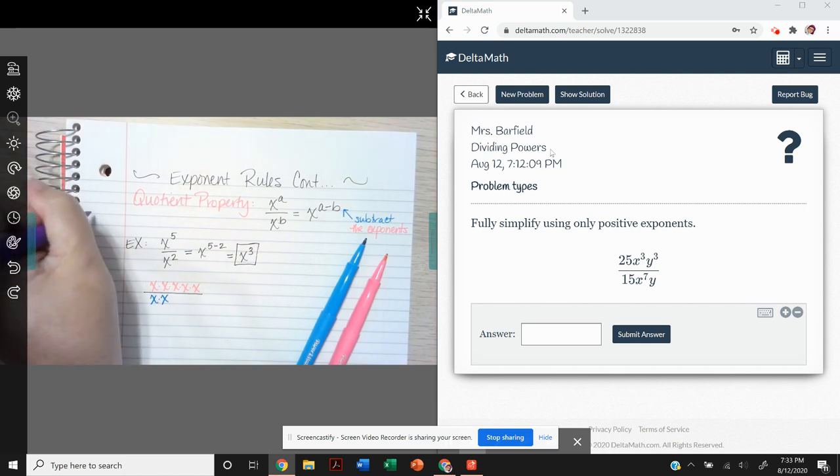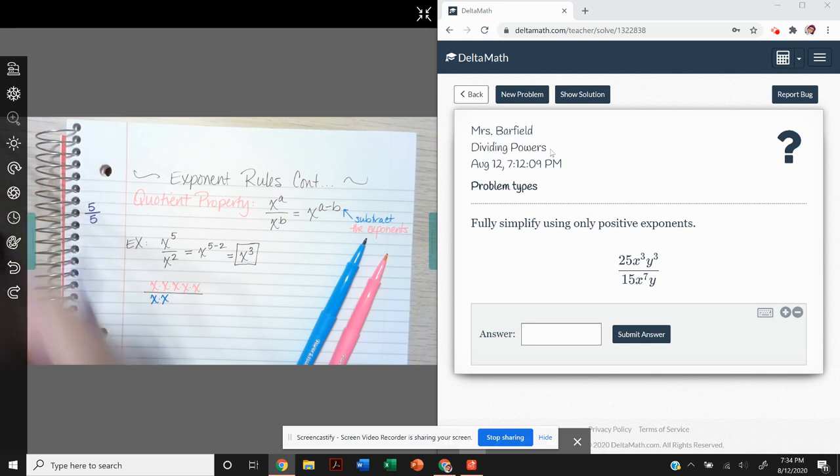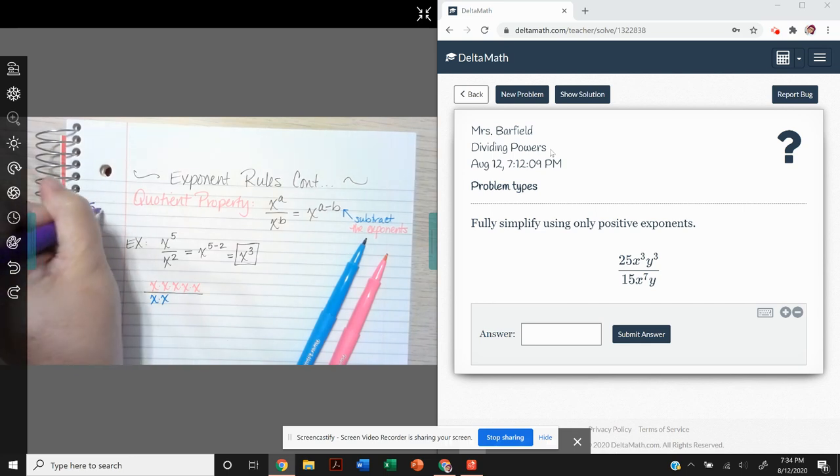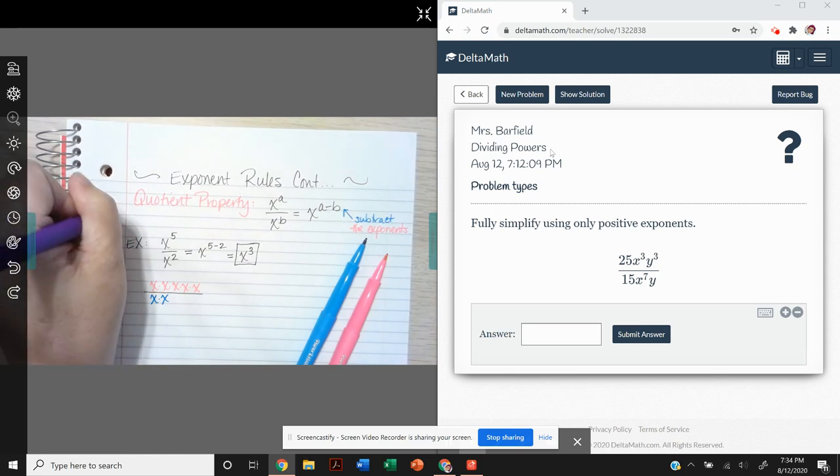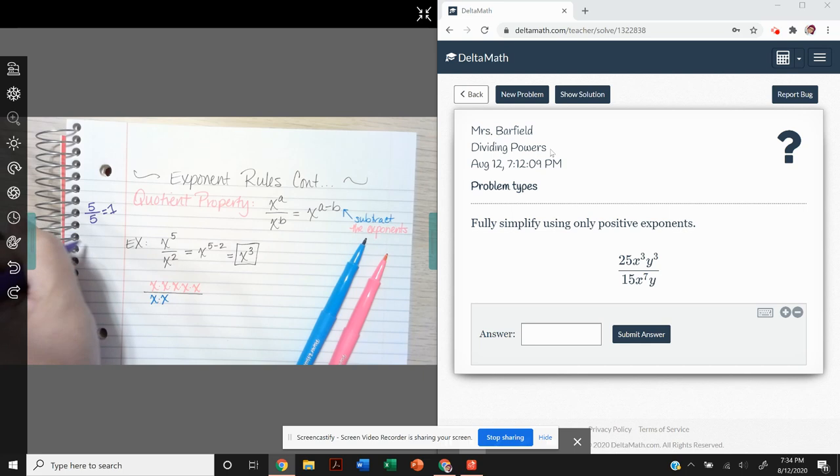If I write 5 over 5, what would you tell me the answer is? You would tell me the answer, hopefully, is 1. If I were to write 7 over 7, you would tell me it's 1. If I were to write a over a, pick any number I want to fill in for a, the answer is going to be 1.